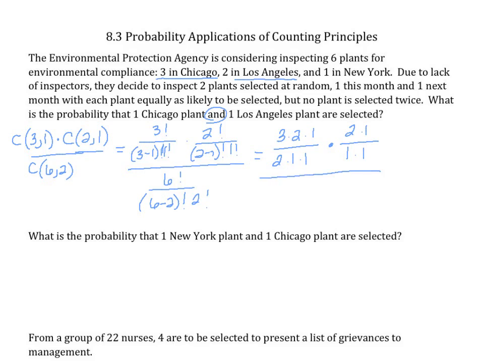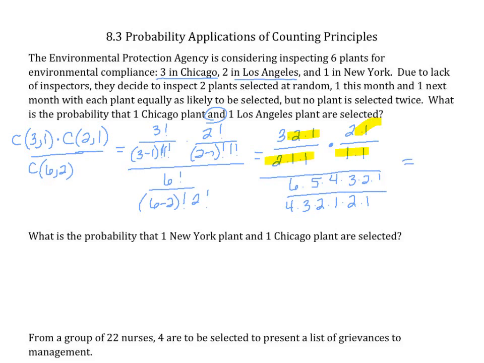All over 6 times 5 times 4 times 3 times 2 times 1 over, well, 6 minus 2 is 4, so 4 times 3 times 2 times 1 times 2 times 1. So we're able to simplify a bunch of items here. Let's see what we can simplify. 2 times 1 times 1.